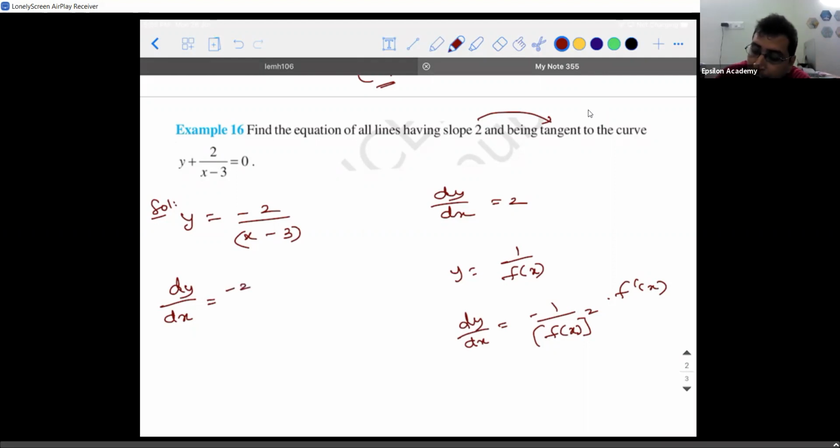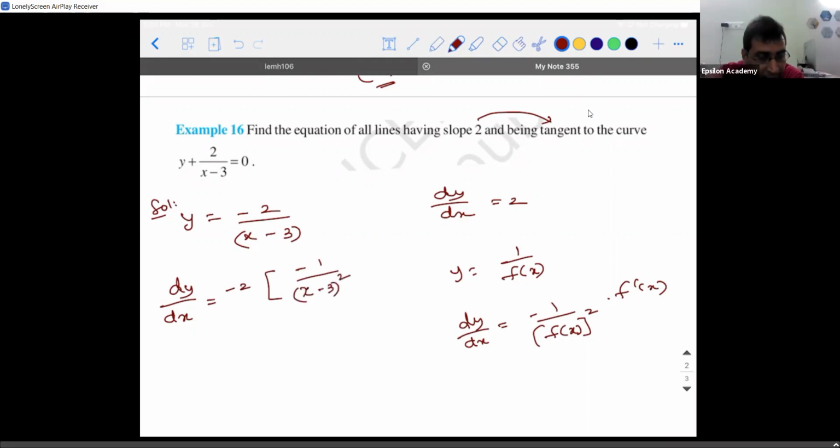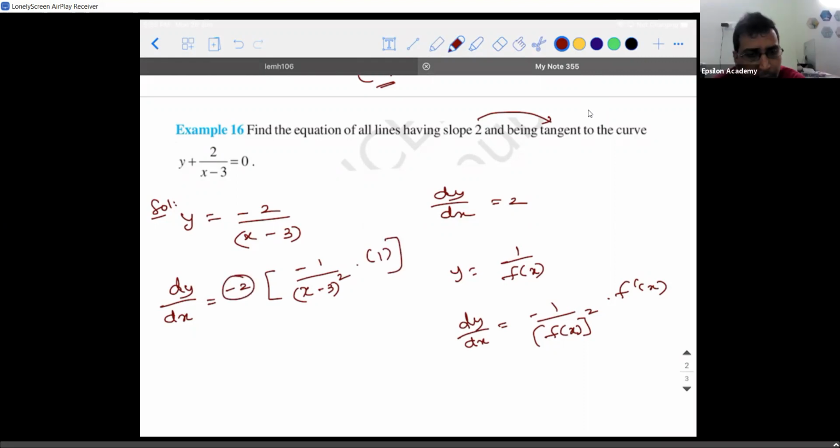So using the same logic, minus 2 divided by, tell me, minus 1 by x minus 3 the whole square, denominator square, into derivative of denominator. So shouldn't it be 2 outside, so not minus 2? We took minus 2 outside.